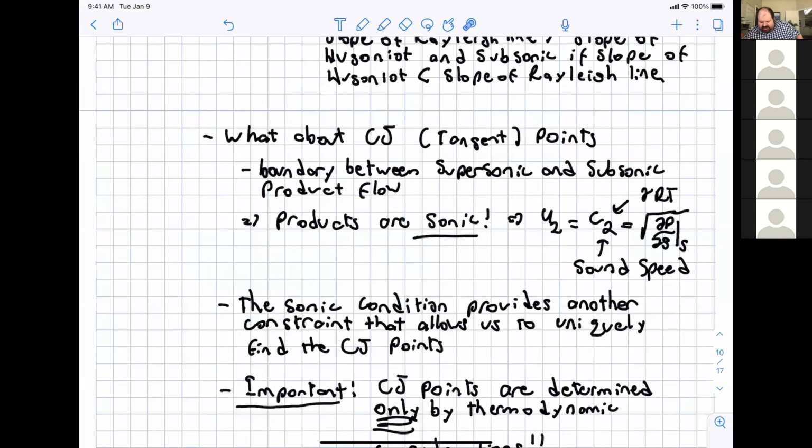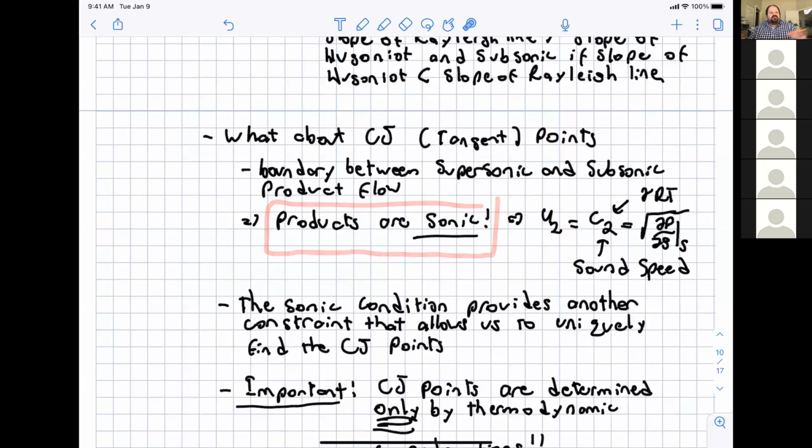Okay, and so the products are sonic, and that has special consequences for detonations. After we discuss the detonation structure, the fact that the products are sonic means it's really hard to quench a detonation after it gets started. It's extremely difficult because they are basically isolated.